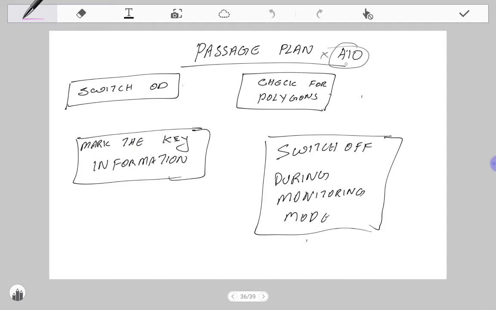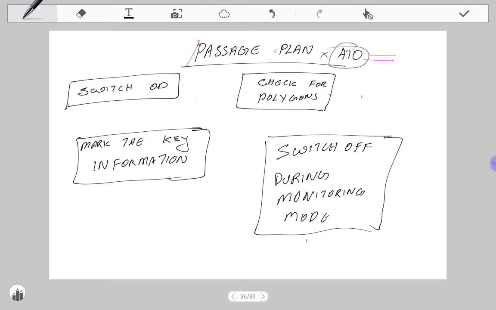Now the passage plan part. What is the role of AIO in passage planning? Since AIO has all the TNP notices for the ENC, including areas where TNP was not included in the ENC during production, the AIO plays a crucial role.